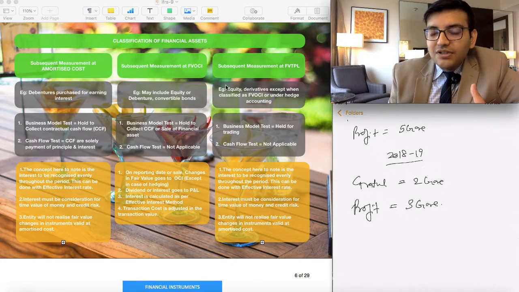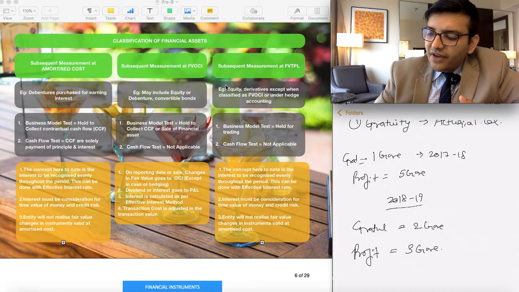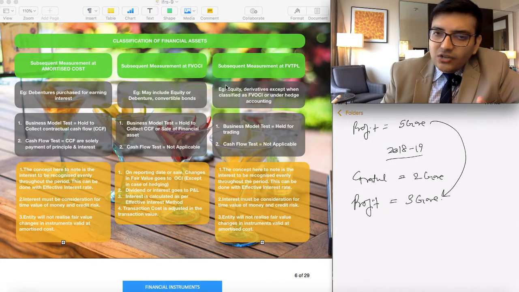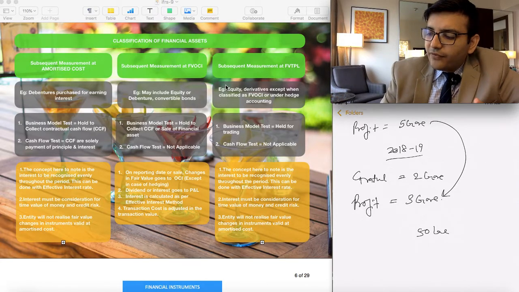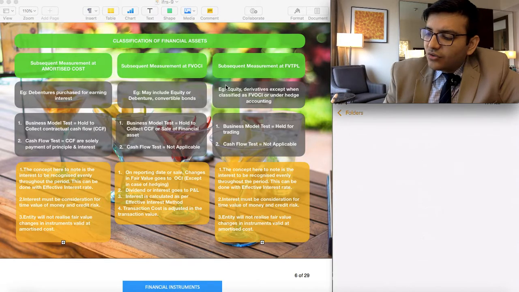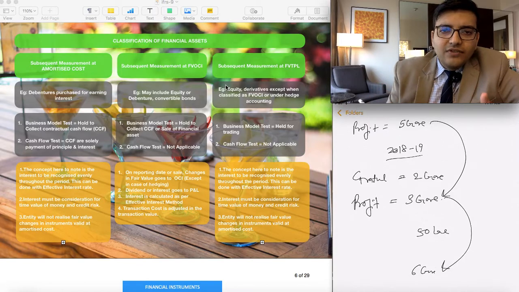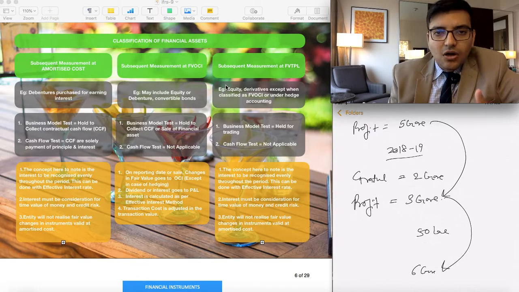So the company's profitability varies a lot. In the first year it was 5, then it was 3. Now suppose next year the actual calculation says it's 50 lakhs, and the profit moves up to 6 crore. Nobody knows why it is going up and down, and you cannot explain it to investors. So it is very difficult, right?